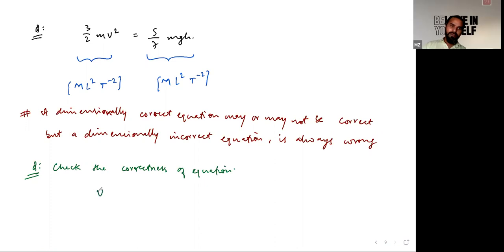Try to solve for this part. Velocity is equals to root under 3 times p by rho. In this equation, v is velocity, p is pressure, and rho is density.